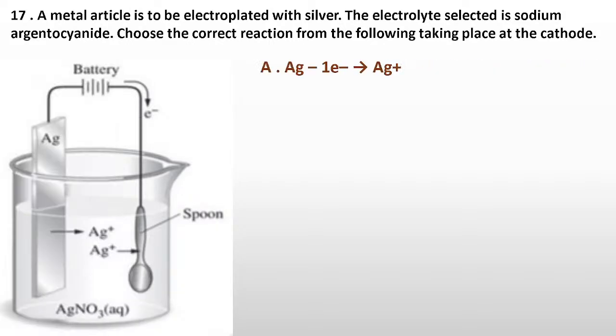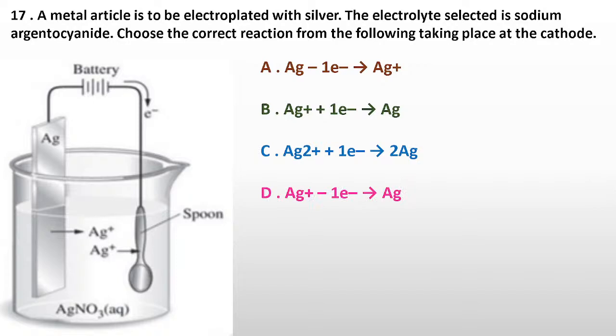A, is it Ag giving out one electron forming Ag plus? B, is it Ag plus plus one electron giving you Ag? C, Ag2 plus one electron minus. D, Ag plus minus one electron giving you Ag. So answer me for question number 17.